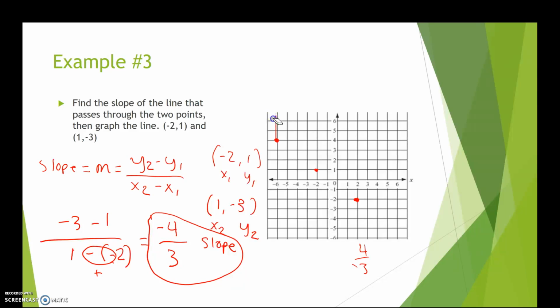I just wanted to make note, if you run out of space to graph points on the line, you can think of the negative symbol being in the opposite, either numerator or denominator. So notice now with these 3 points I can connect. Here we have a negative slope.